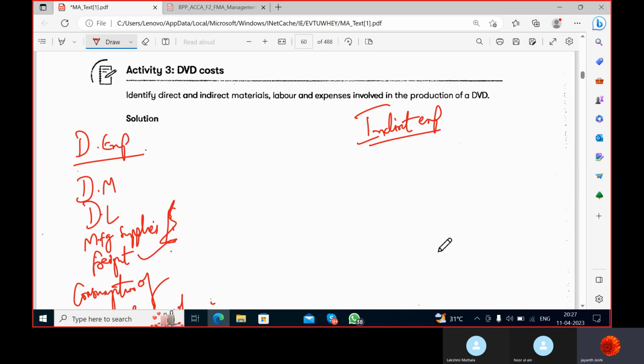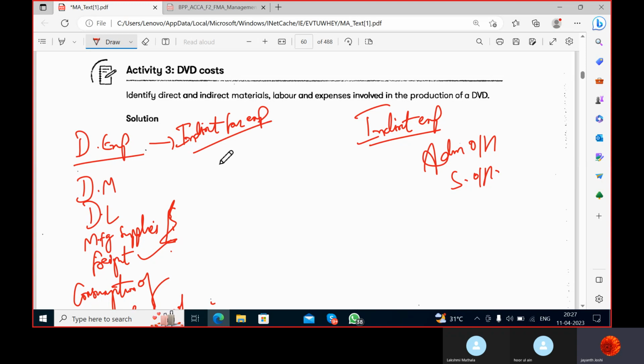All the administrative overheads, right? Selling overheads. And the factory also can have indirect factory expenses. What can be indirect factory expenses? Salary to supervisor, correct? This can be an indirect expense, one of the examples.